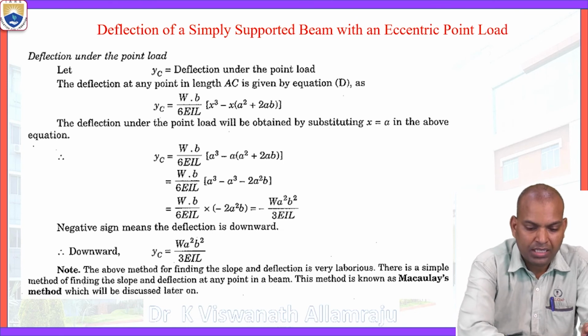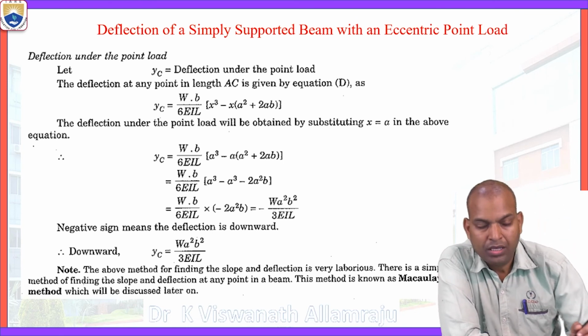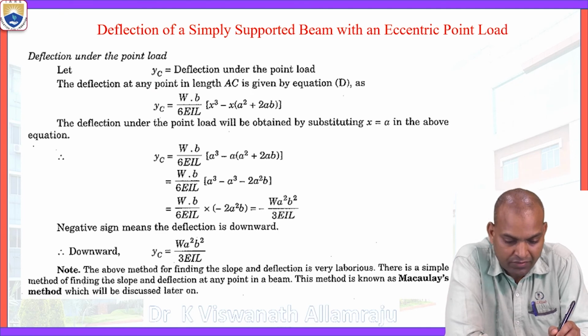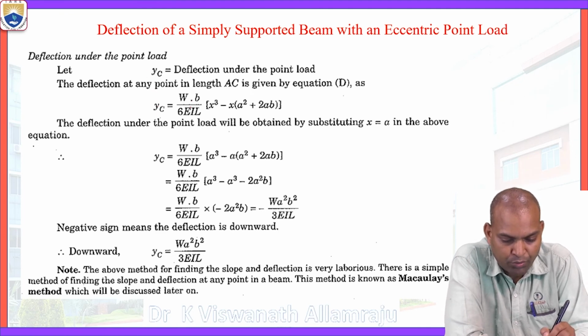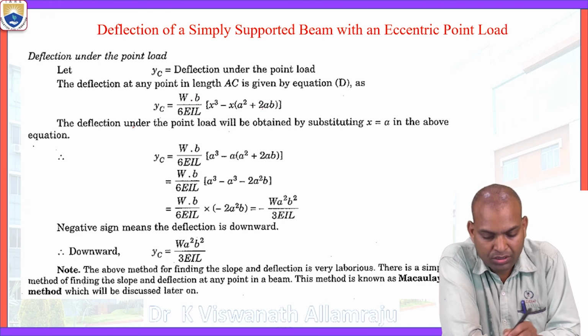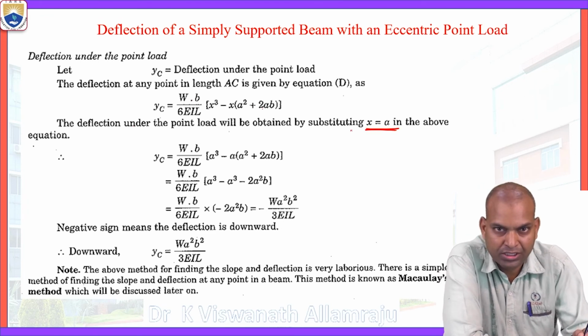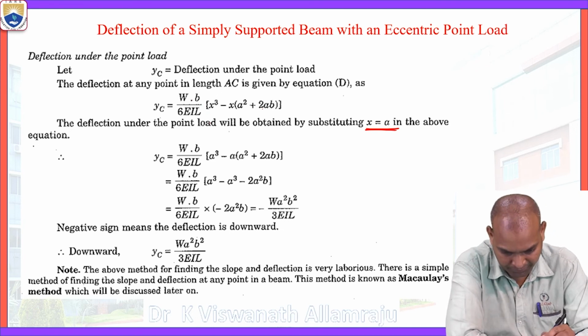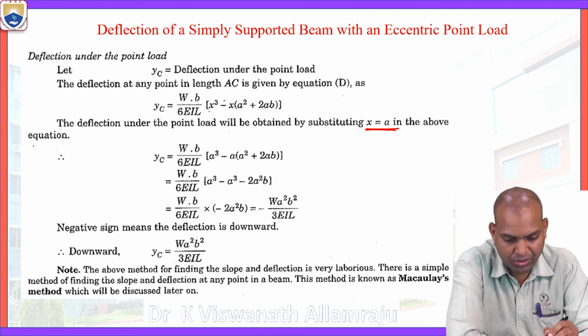Now, deflection under the point load. What is the deflection under the point load? Substitute x equal to a in that equation. Now yc equals wb by 6EI l times (x cube minus x times (a square plus 2ab)). Under the concentrated load at a distance of x equal to a from the left support, substitute x equal to a, then a cube minus a times (a square plus 2ab).